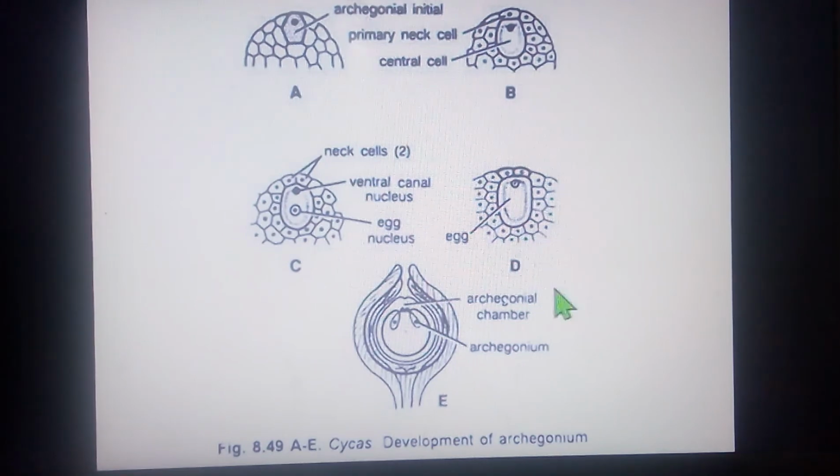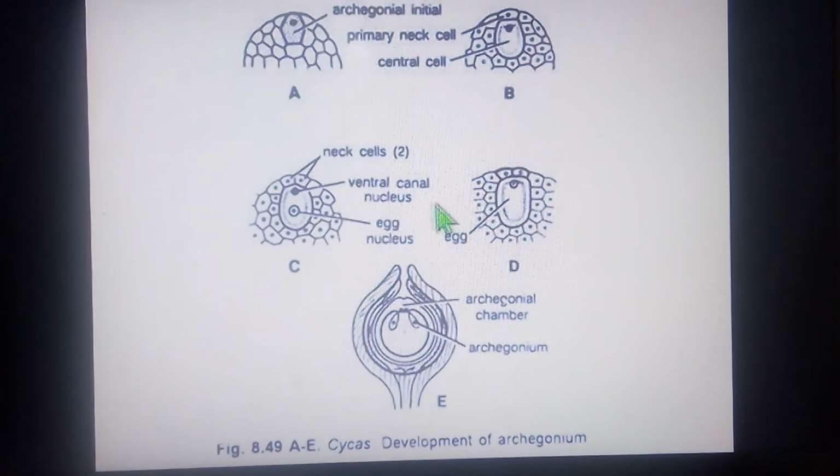Now this is what we call the major archegonium. Thus the major archegonium consists of only two neck cells, a ventral nucleus, and an egg. Okay, this is the egg.